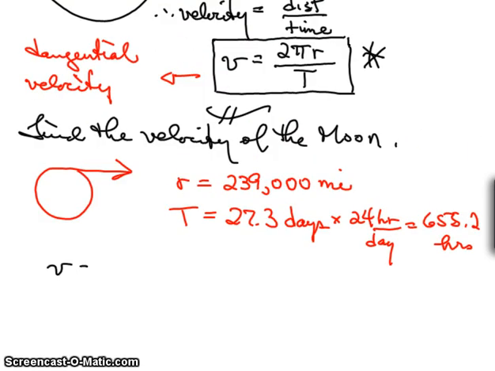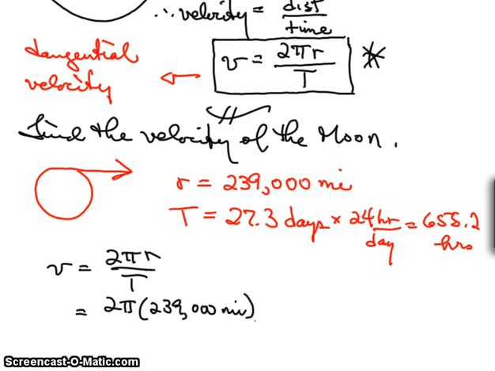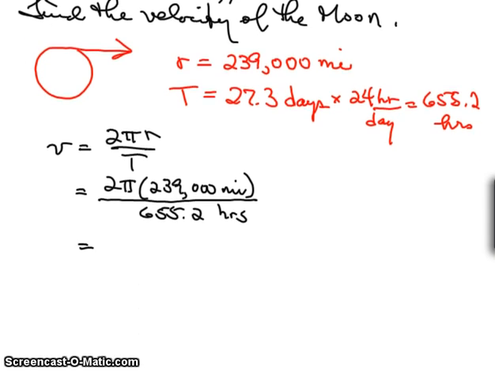All right, so now we just have to apply our equation. We have v equals 2 pi r divided by the period, 2 pi times 239,000 miles, all divided by 655.2 hours. And we are going to end up in miles per hour. So let's see, that's 2 times pi times 239,000, all divided by 655.2.